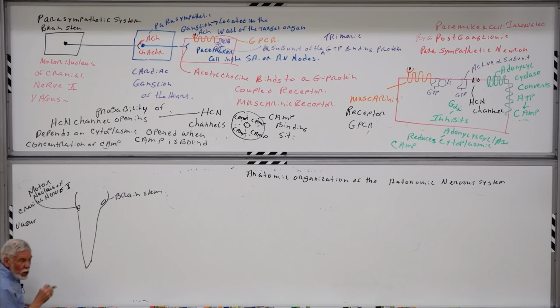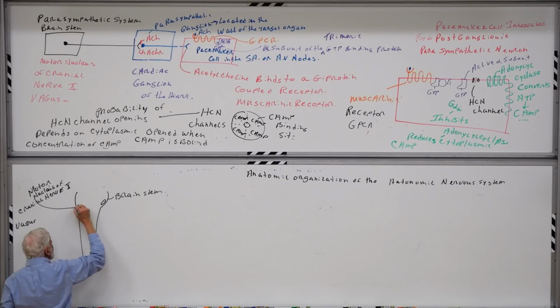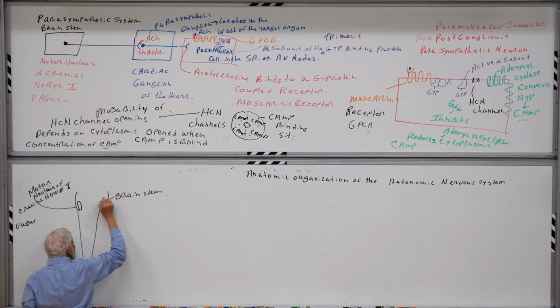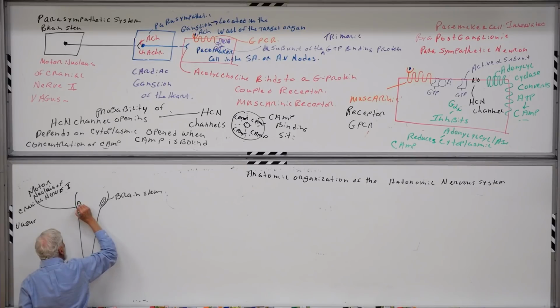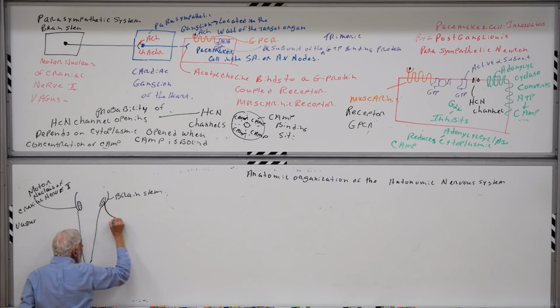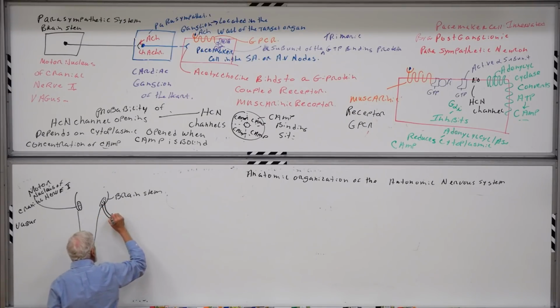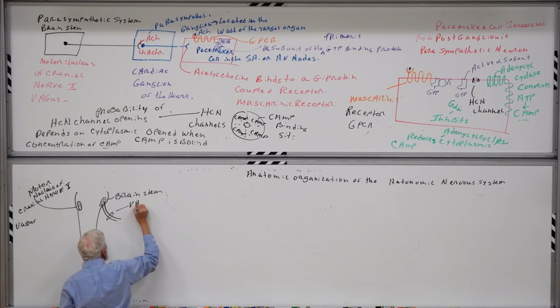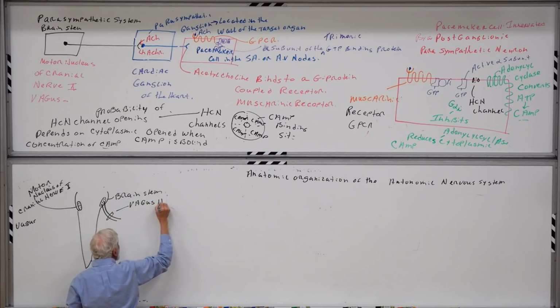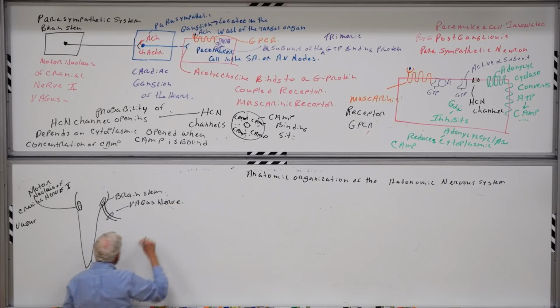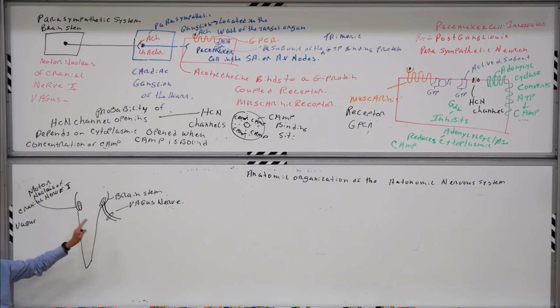We use these terms interchangeably, whether we're talking about the motor nucleus of 10 or the motor nucleus of the vagus. If we look at these, we find that it's chock full of neuronal cell bodies. It is, after all, a nucleus, and it's bilateral. These neurons will exit the brainstem and go out into the vagus nerve, also called cranial nerve 10.